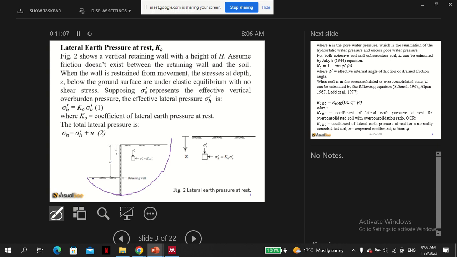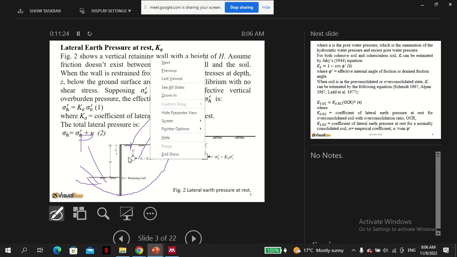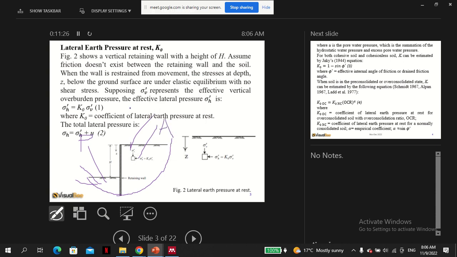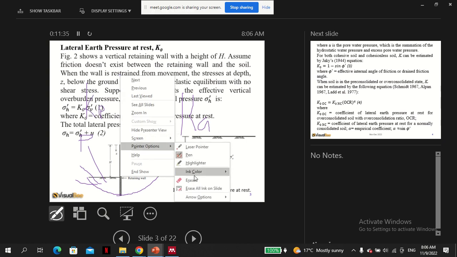On this side, this is active, and on this side, this is passive failure. If you say this is the back, then the other becomes the front. So all we are interested in is to get Ka for the active side and Kp for the passive side. So that's the point.